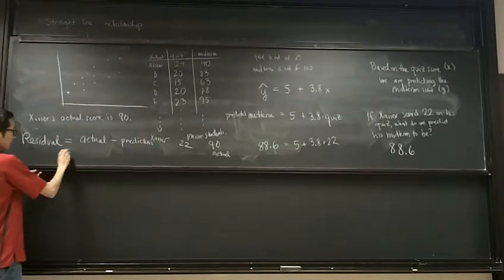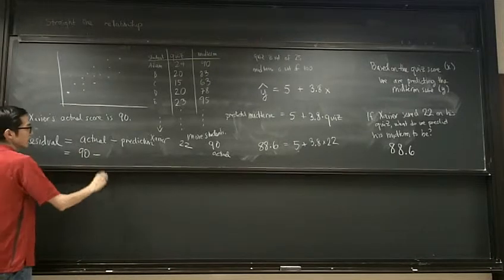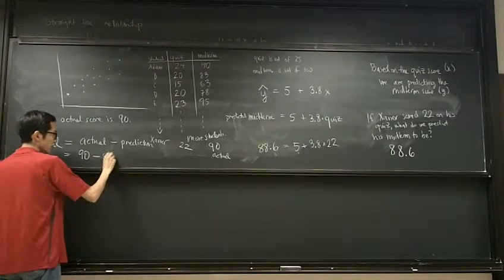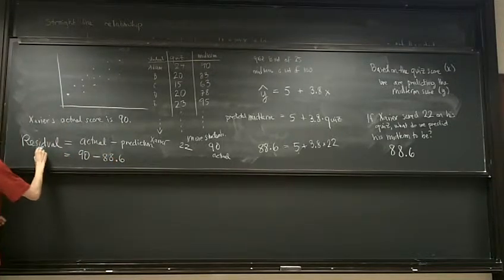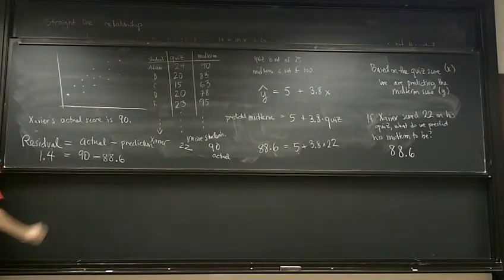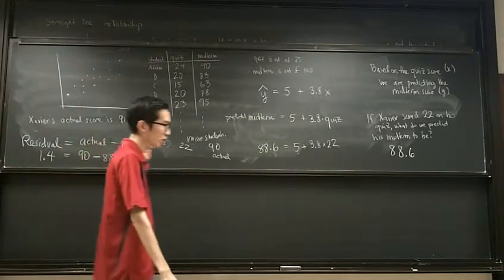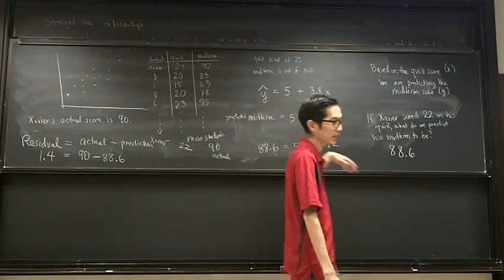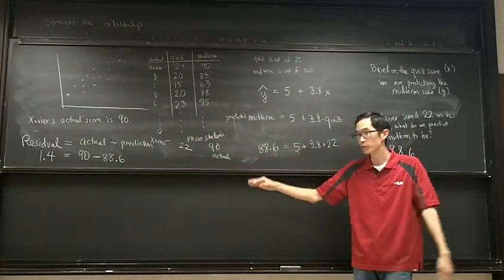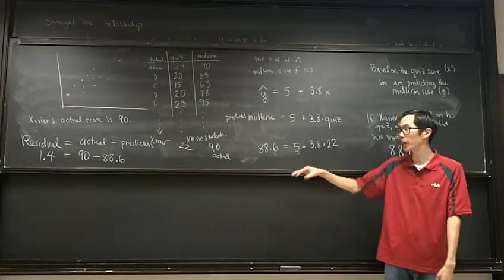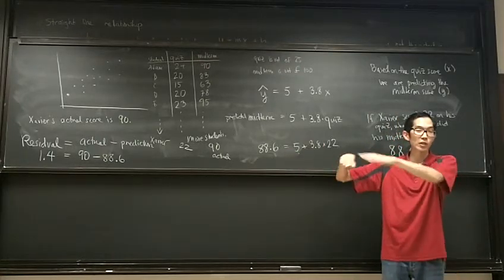So in this case, his actual score was 90, the prediction was 88.6, so his residual is 1.4. That means his actual score was 1.4 points higher than what we predicted. So if you have a positive residual, it means your actual was higher.